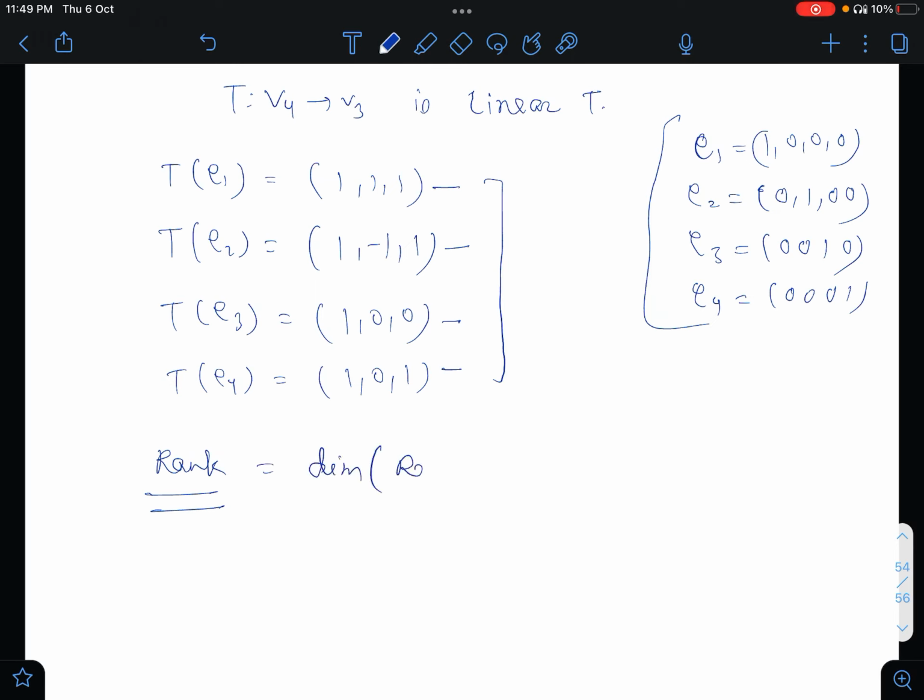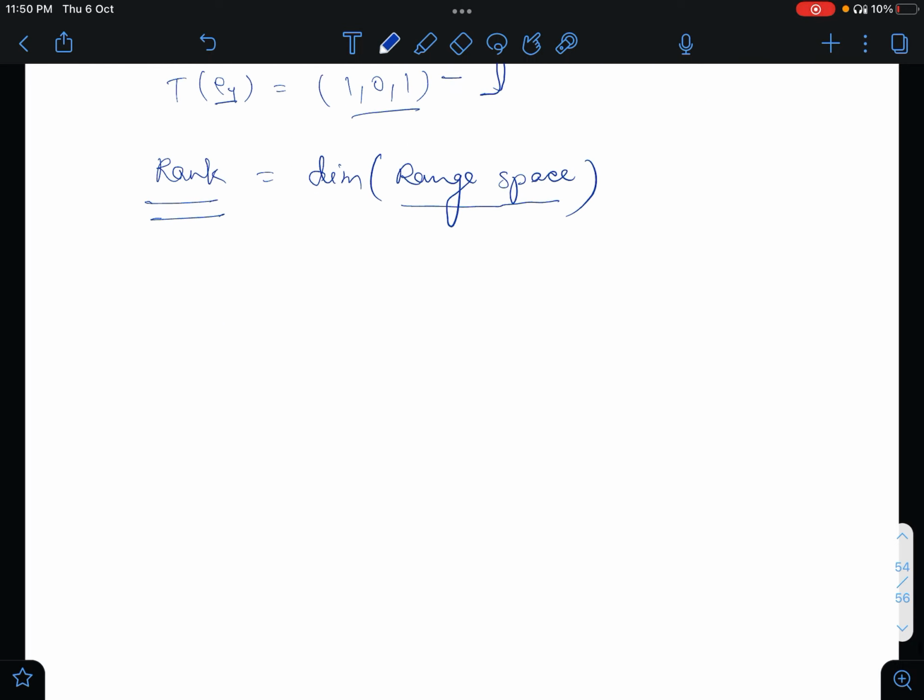Rank is equal to the dimension of the range space. The images of the basis elements of the domain span the range space, and out of these we select the linearly independent vectors. So out of these four we need to determine which are linearly independent.